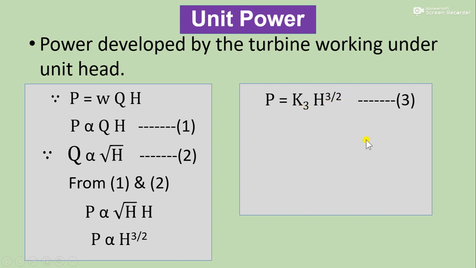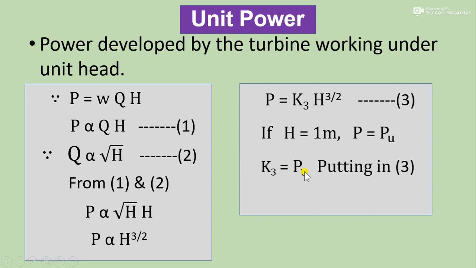Now here we want to find the expression for K3, so we will take help of the definition. Putting H equal to 1 meter and P equal to Pu, we get K3 equal to Pu.